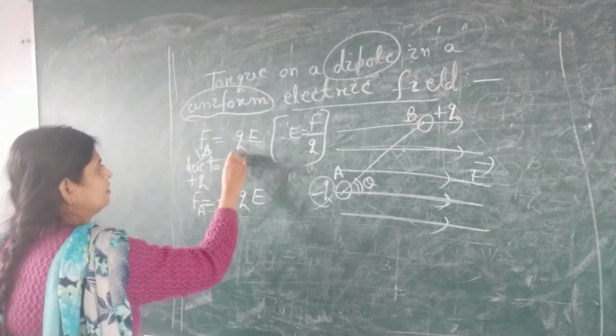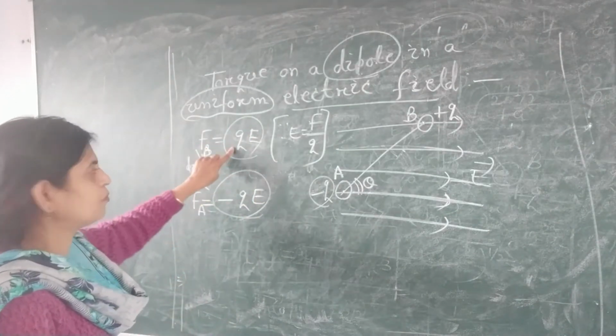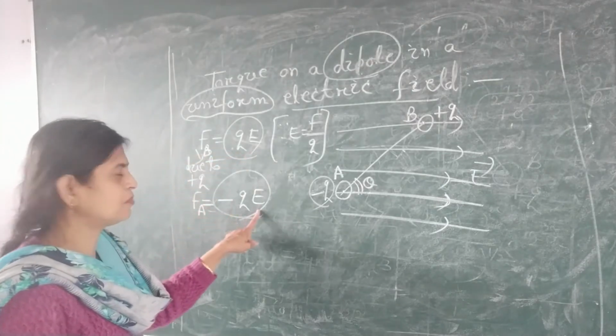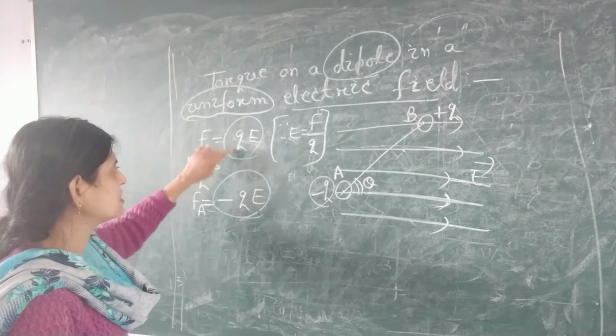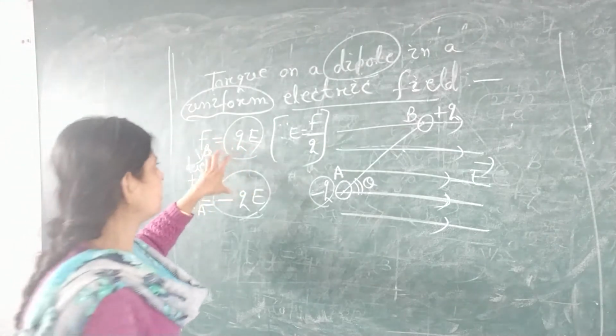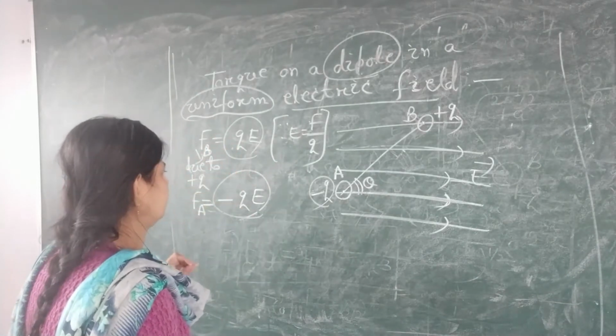Now mark that these two forces are equal and opposite. FB is equal to QE and FA is equal to minus QE. So they will cancel each other, and the net force will be 0. That means the net translational force will be 0.